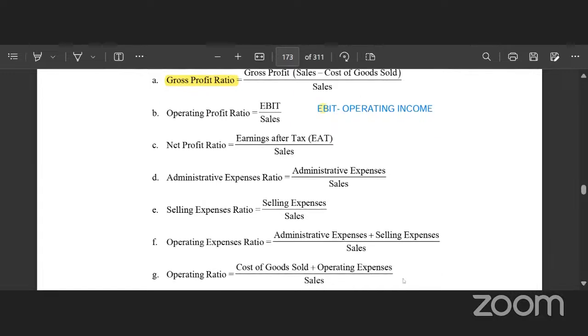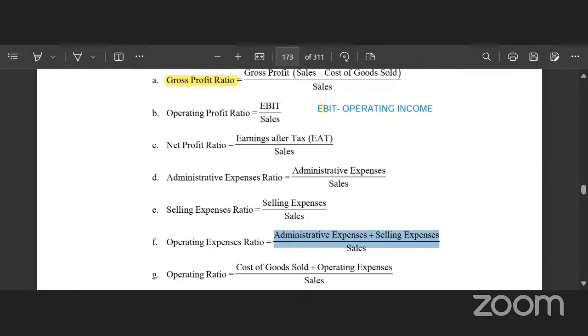Operating expenses ratio is administrative expenses and selling expenses. If you see the financial statements of any company, you generally see the expenses mentioned. You are supposed to take all the expenses related to administrative and selling expenses, sum these expenses, and divide by sales to get the operating expense ratio.